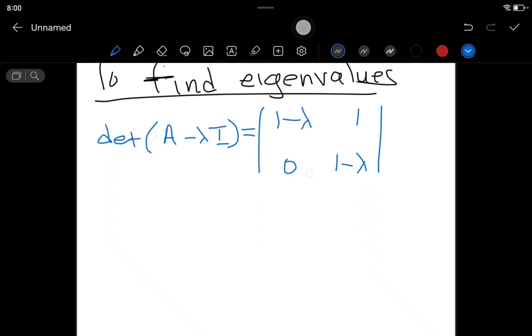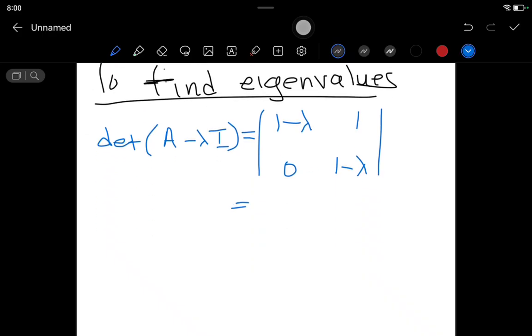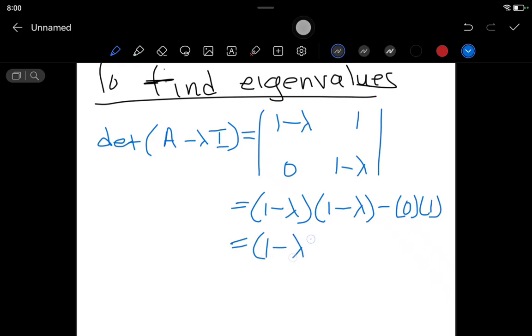This equals 1 minus lambda times 1 minus lambda, minus 0 times 1. And this gives us 1 minus lambda squared, which if I expand it gives 1 minus 2 lambda plus lambda squared.